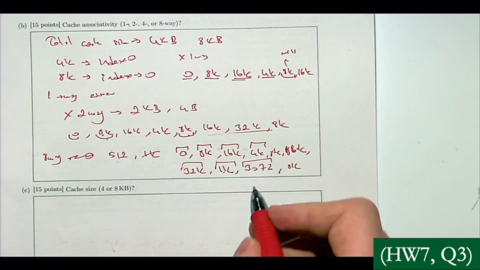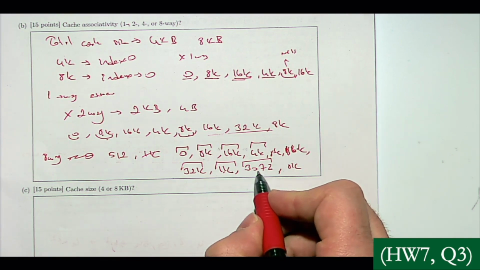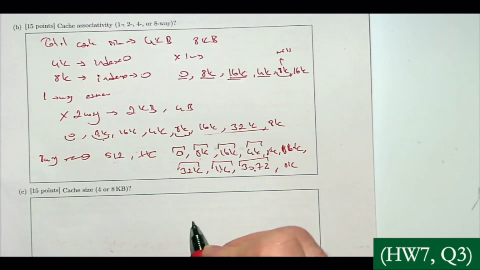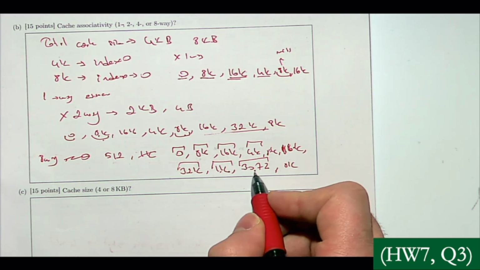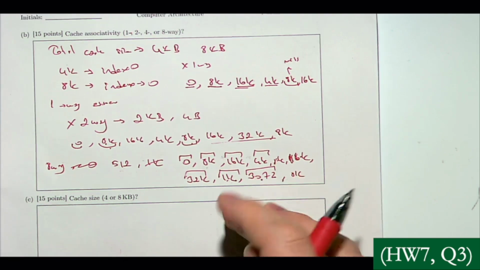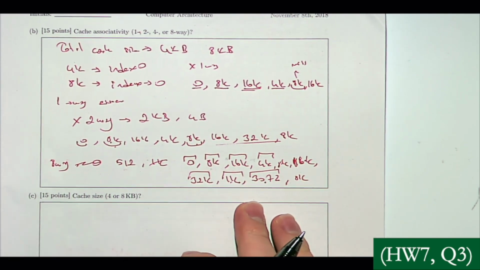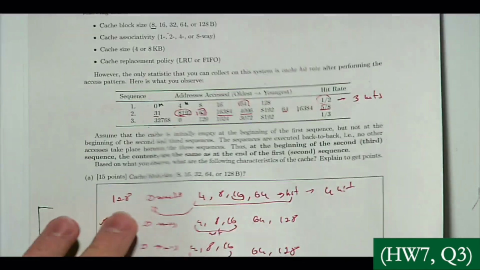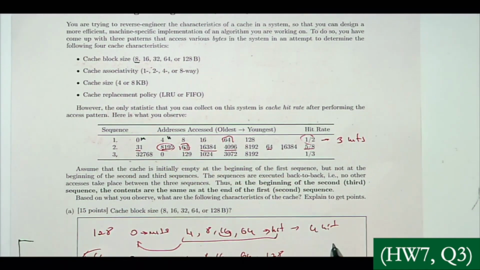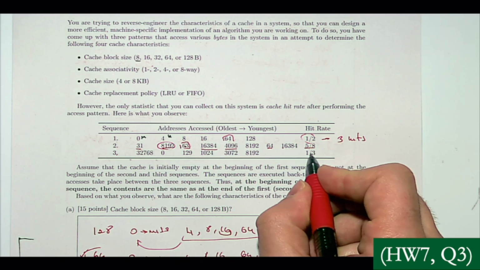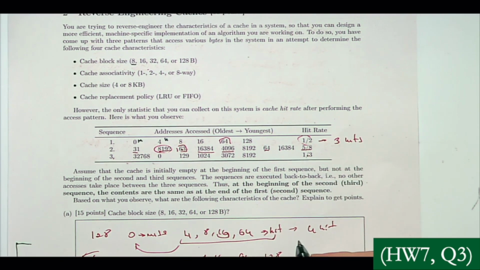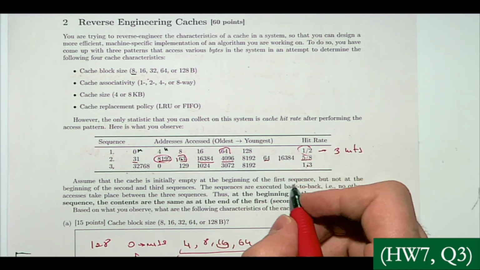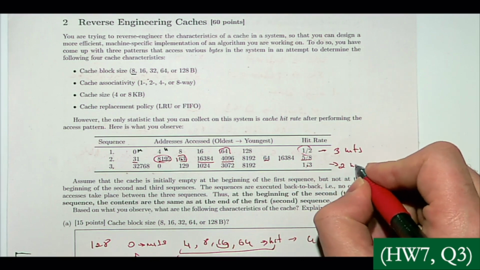And also there's a space to put 3K into the cache, because this is an 8-way associative cache. And all of these have the same index. So what does it mean? If you consider the sequence three, our hit rate is 1 divided by 3. So this means that I only have 2 hits.